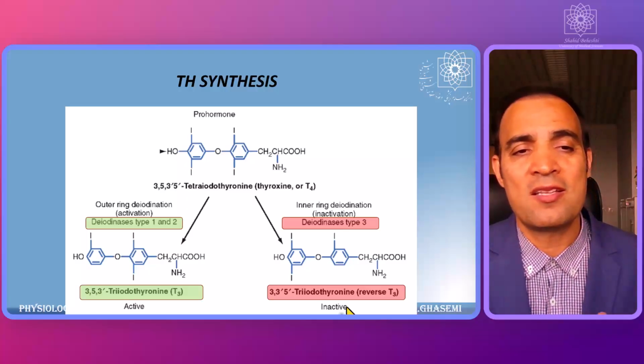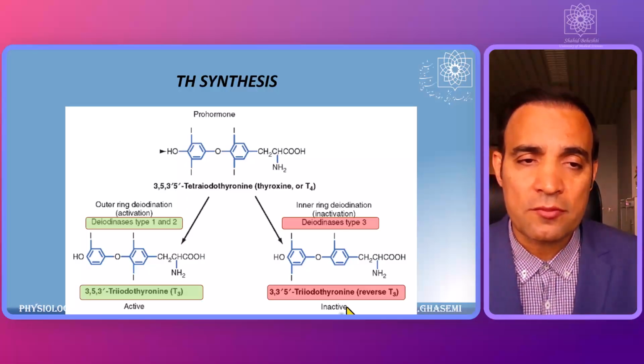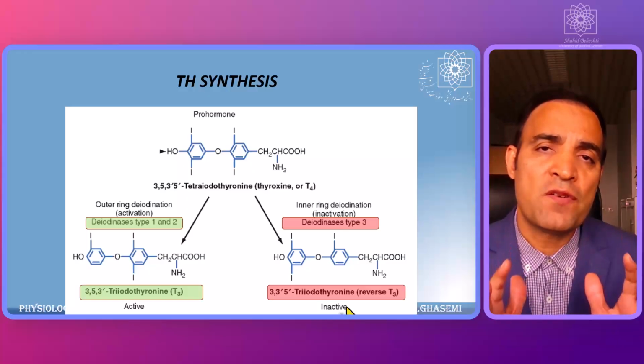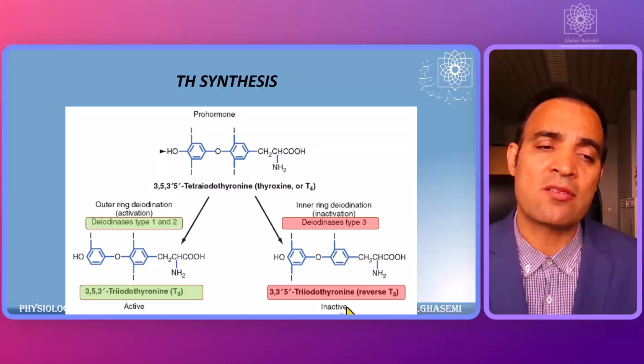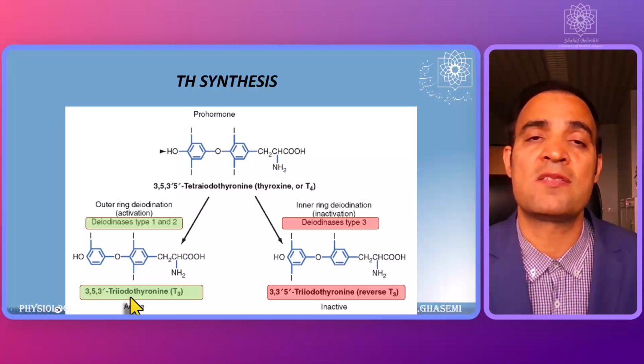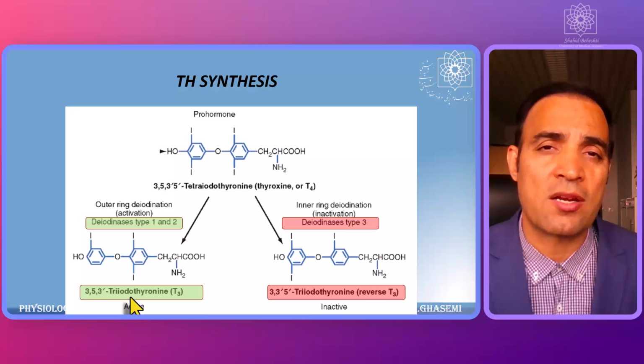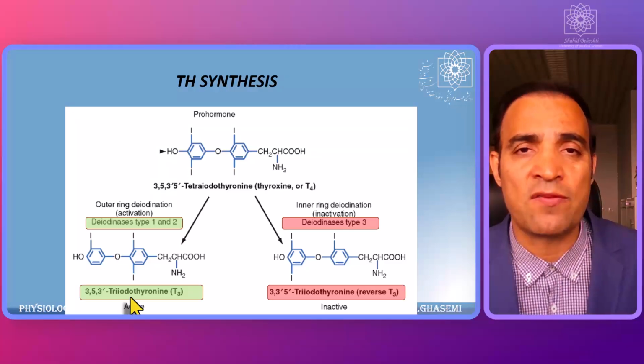Therefore, if T4 is deiodinated in the outer ring, T3 will form. And T3 is, as I told you, much stronger and more active than T4.